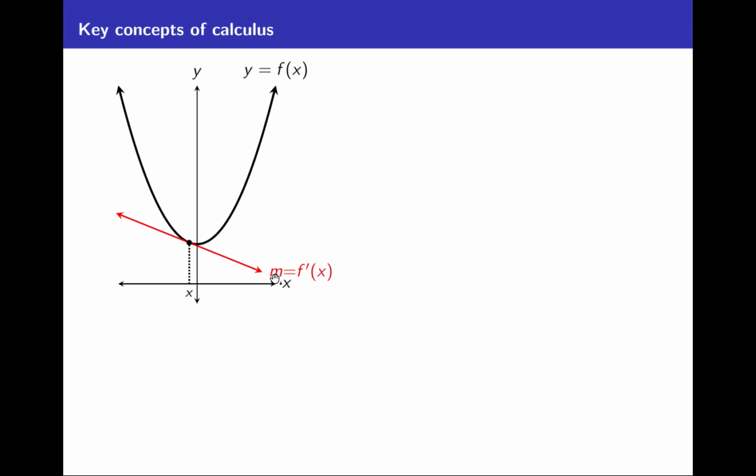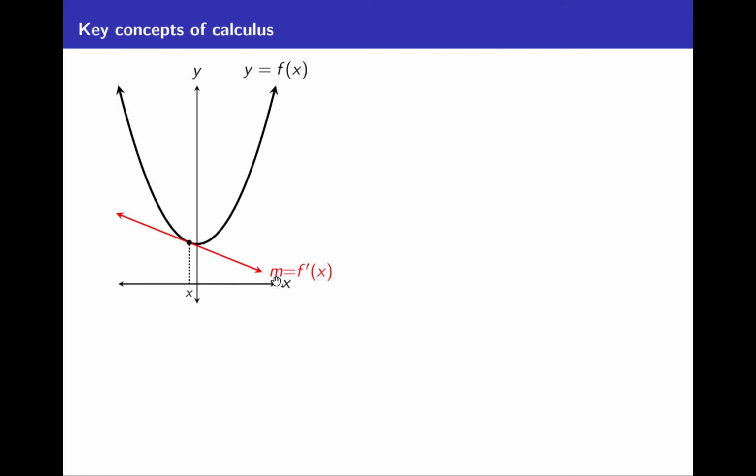Because the slope m of a tangent line depends on the value of x, that slope m is actually a function of x. It changes with x. And what shall we call that function? Well, we're already using f to be the function under discussion that we've graphed here, the nonlinear function. Let's call this related function f prime.